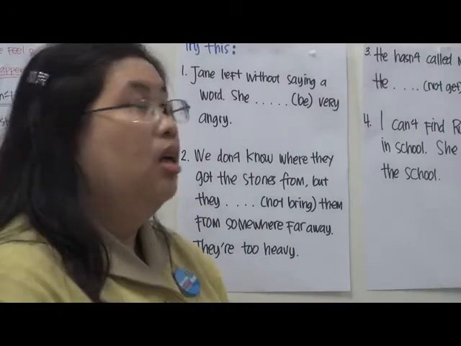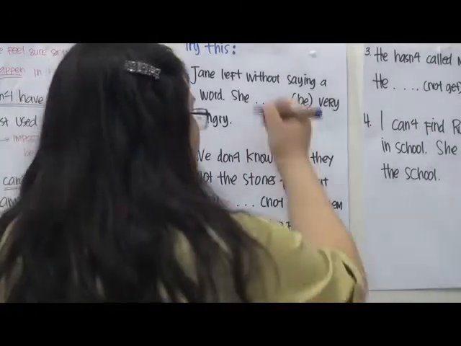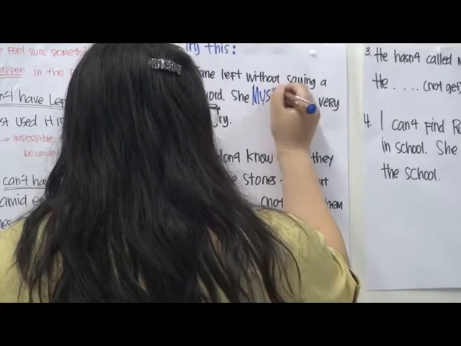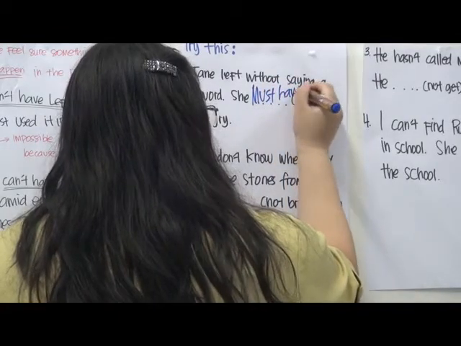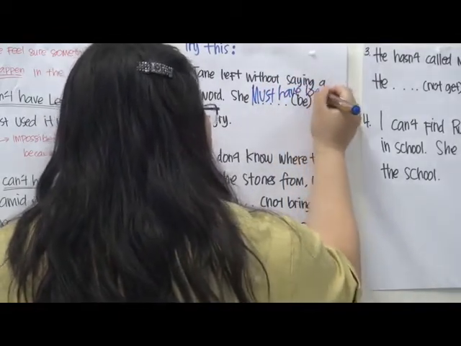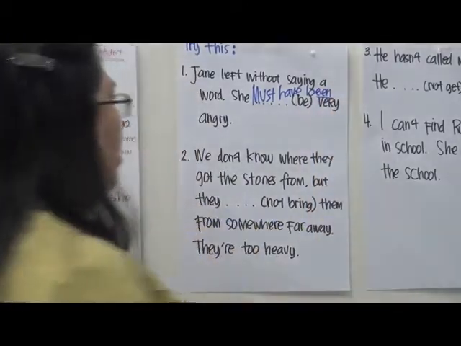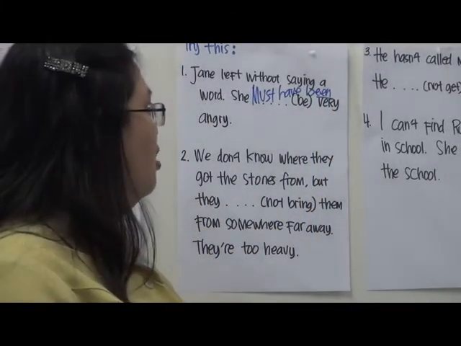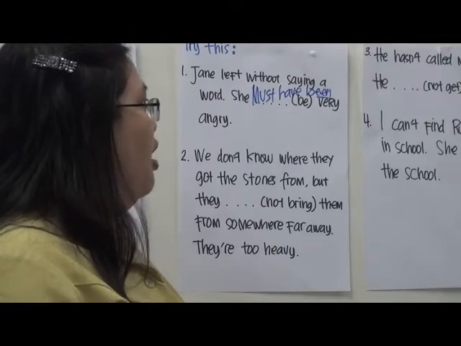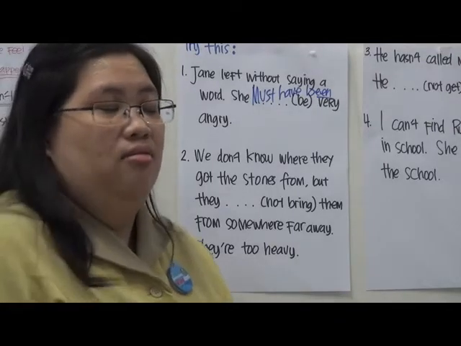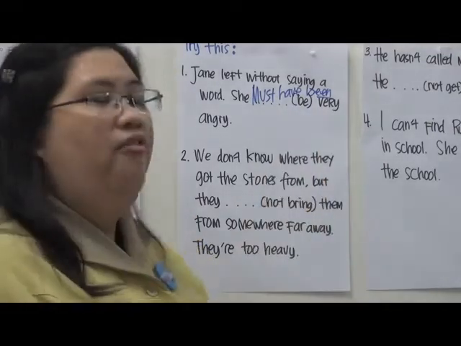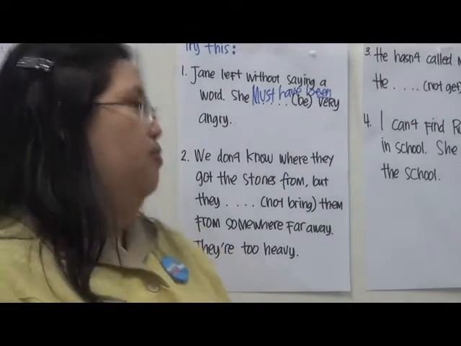Good. So it must have been. Why do we have to use must? Because, well, the person left without saying a word and very angry. So must have been very angry.